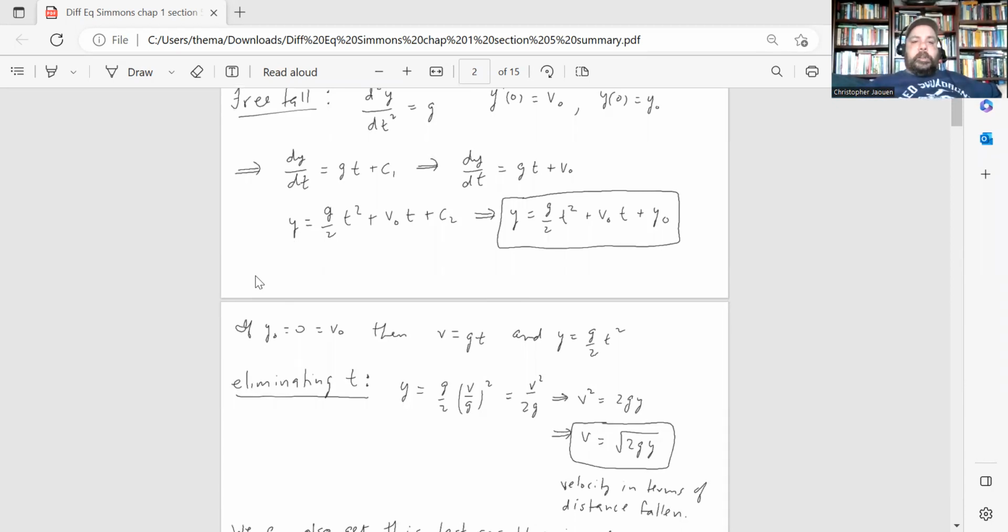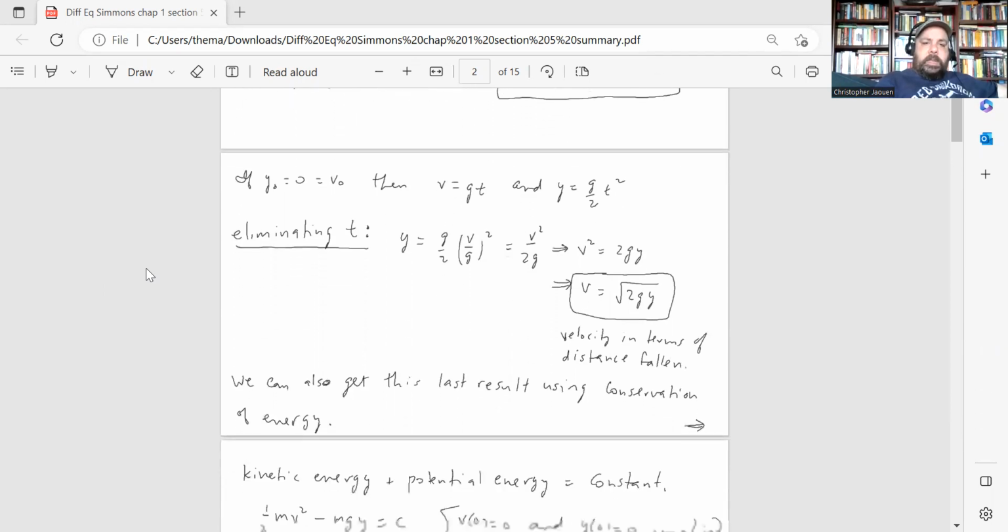And you get the position function, y equals g over 2 t squared plus v0 t plus an arbitrary constant. And again, if you plug in 0 for t there using the initial condition, you get that c2 is the initial height, y0, and this is the equation. Okay, so that's the position equation. And this one here is the velocity equation for the situation.